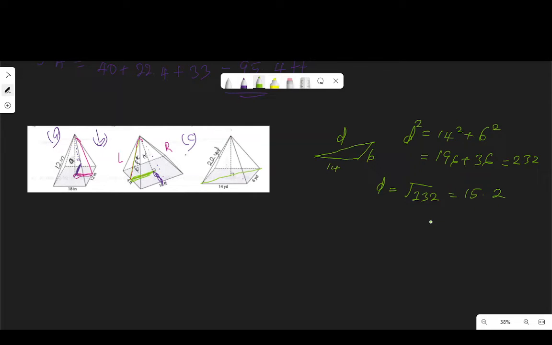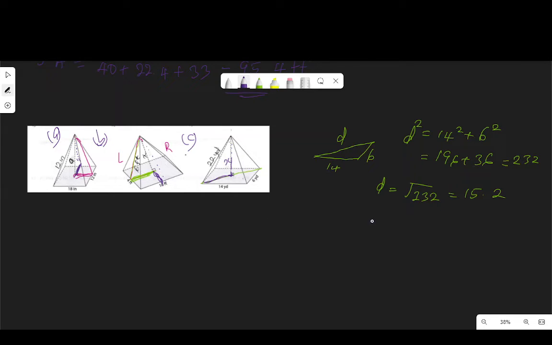Okay, now that we know the diagonal of the pyramid, from this point down here, with this line like this, and this line like this, will help us to get the height of this pyramid. Let's call the height x.